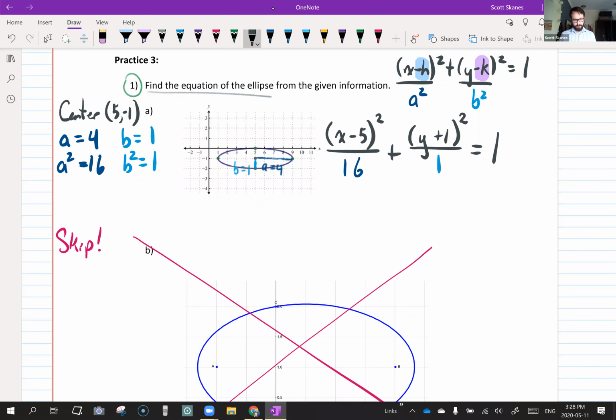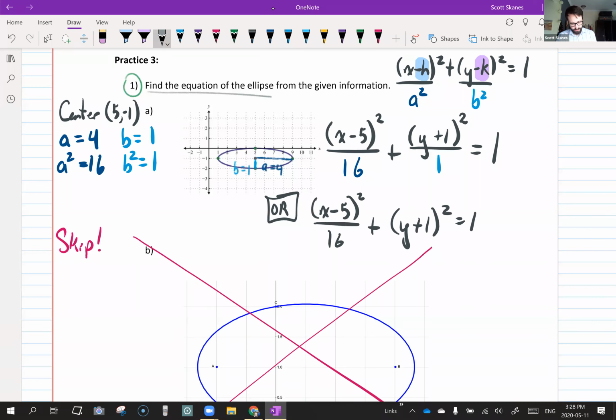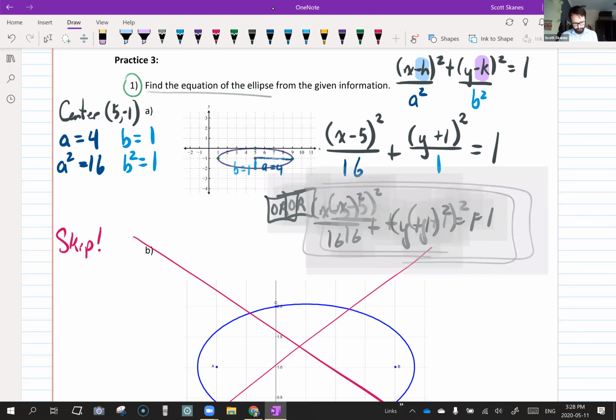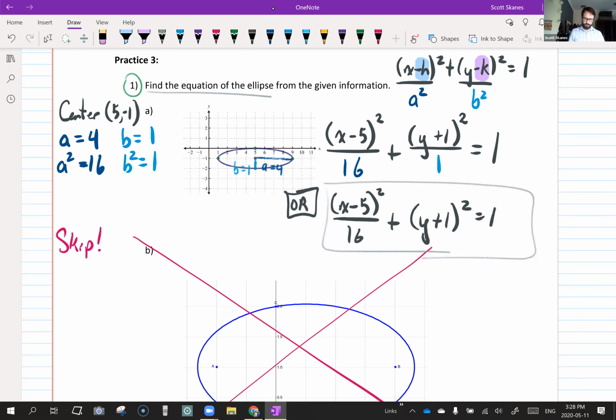Really I probably should have just deleted that 1. Same thing. So this is our full answer. It'd be better to skip to that, if I was being honest, because there's no reason to write a 1 on the bottom. Every number has a 1 on the bottom.